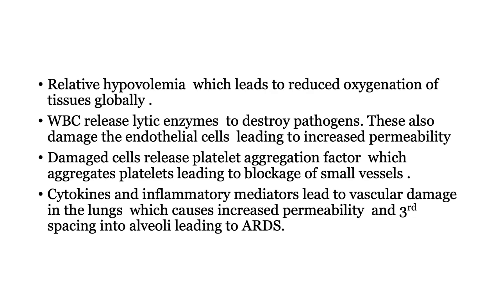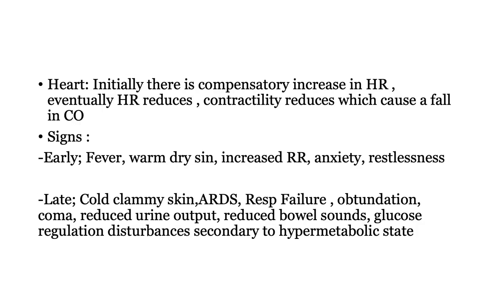Cytokines and inflammatory mediators lead to vascular damage in the lungs. In the heart, initially there is a compensatory increase in heart rate. Eventually the heart rate reduces. Contractility reduces, which causes a fall in cardiac output. So signs, we have early and late signs.